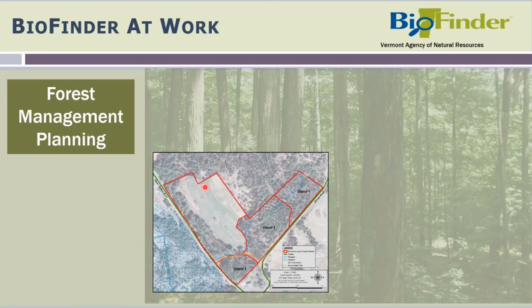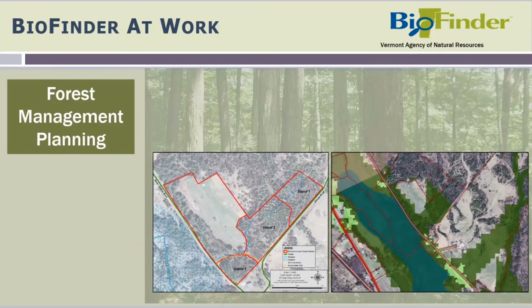If I look at this same parcel in BioFinder, I start to get some additional ecological context. What I notice here is that this middle area of the property is showing up as highest priority in those overall priorities layers in Vermont Conservation Design. But what I'm also seeing in here is this large community and species scale feature, which in this case is a wetland.